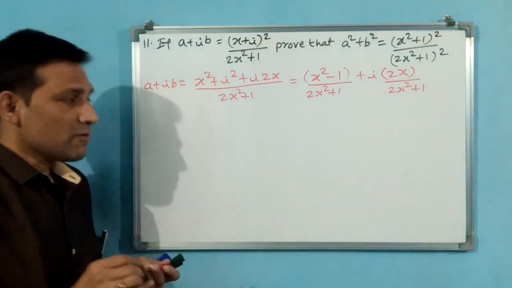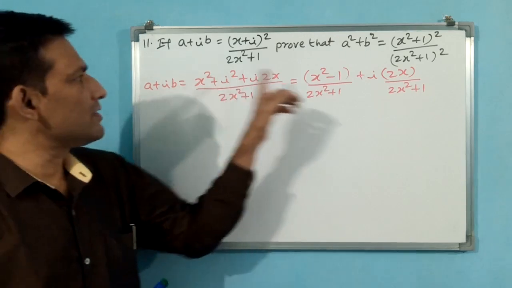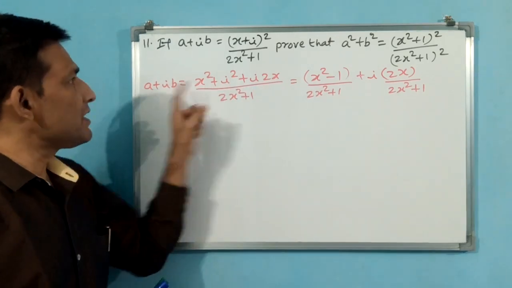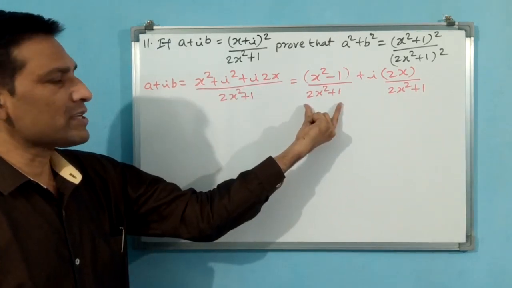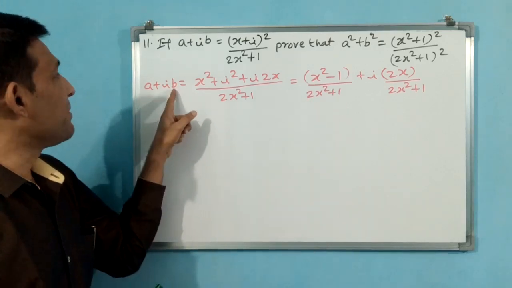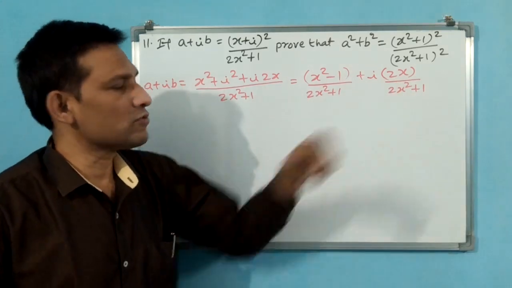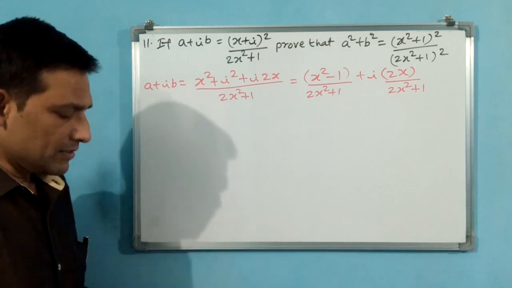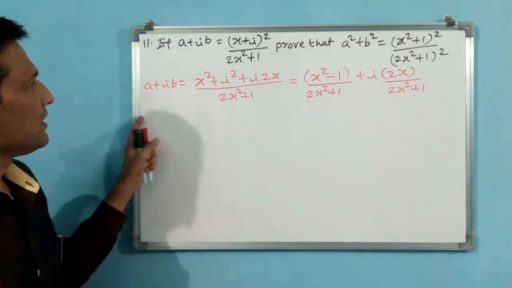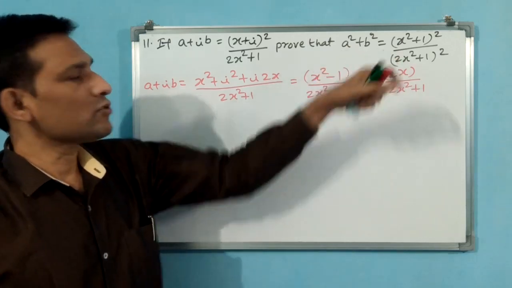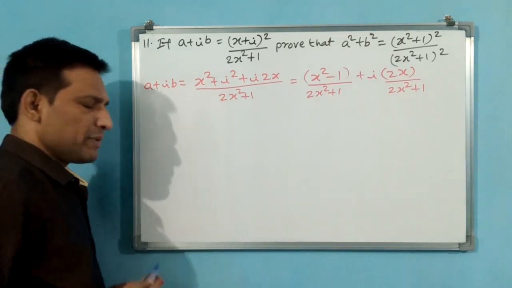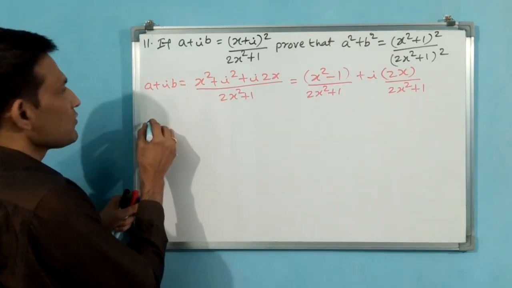Okay. Now if you compare this, a plus ib is equal to this one, then a will be x square minus 1 by 2x square plus 1. b will be this one, 2x by 2x square plus 1. Like that you have to solve this. Okay. a and b, if you got, then a square plus b square you can make. Okay. First you write a square.